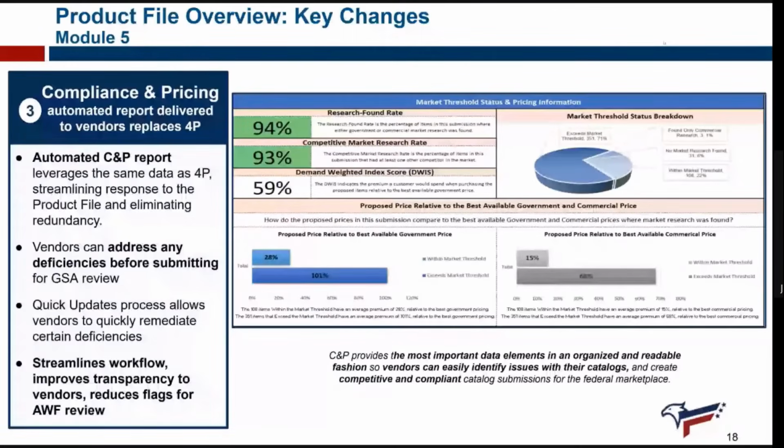Okay. Why does all this matter? For vendors, this just means fewer rejections on your modification and a more efficient process for getting your products listed on GSA Advantage. Okay. It helps modernize how products are submitted, reviewed, and published, ultimately making catalog management more efficient and transparent for everybody.